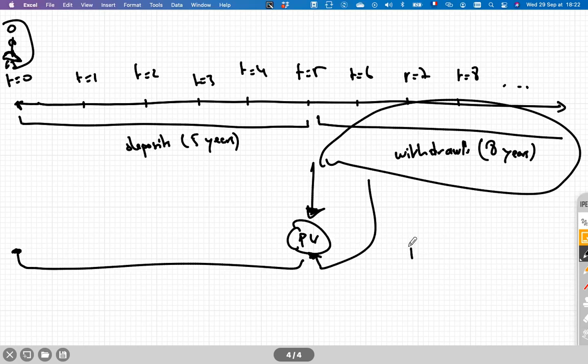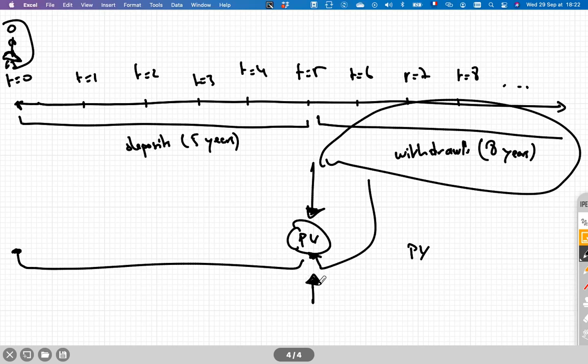When you use the present value function first, you locate yourself at the end of year T5. But you will start your retirement plan at T0, not at T5. So you have once again to move this present value to T0, which means you have to return back in the past by 5 years.